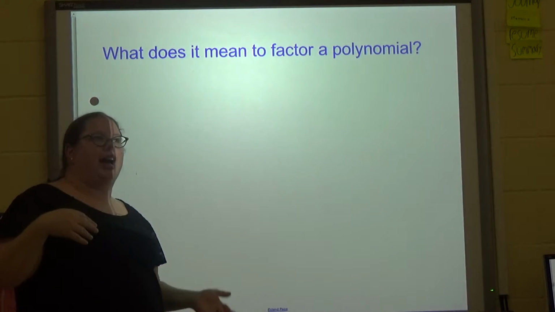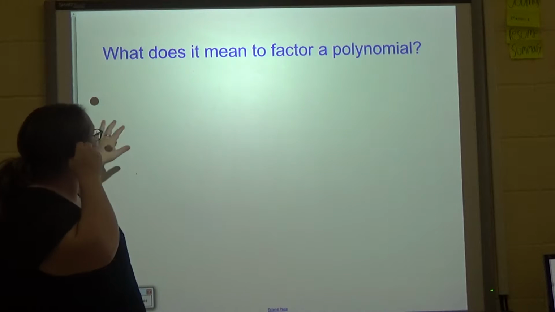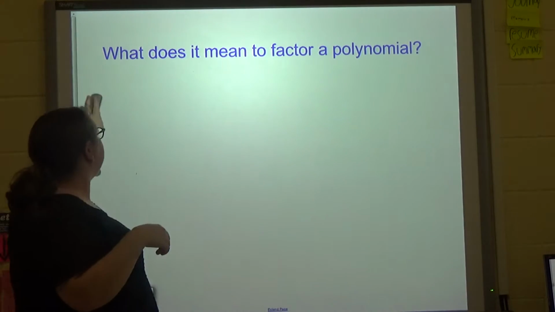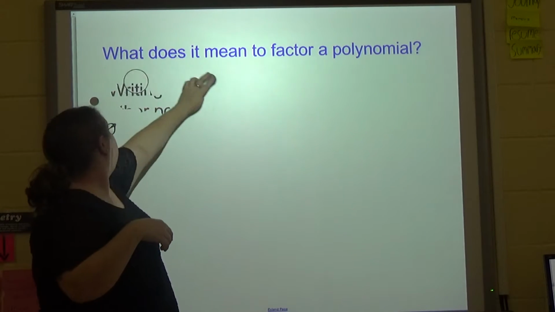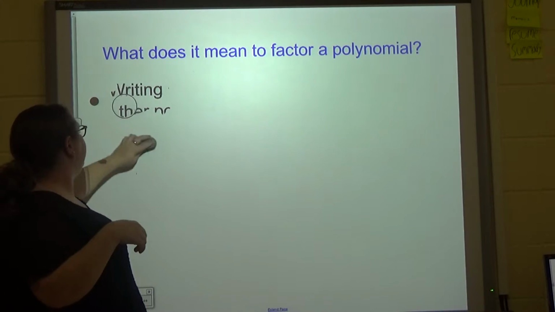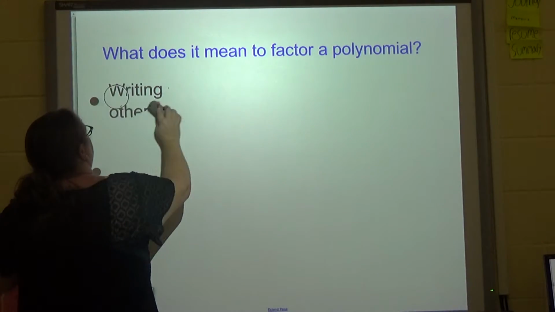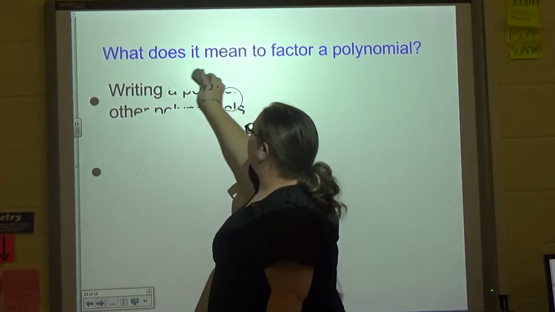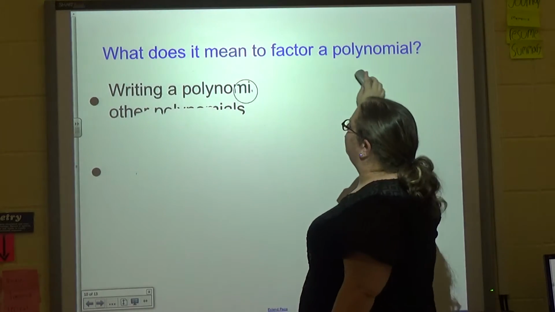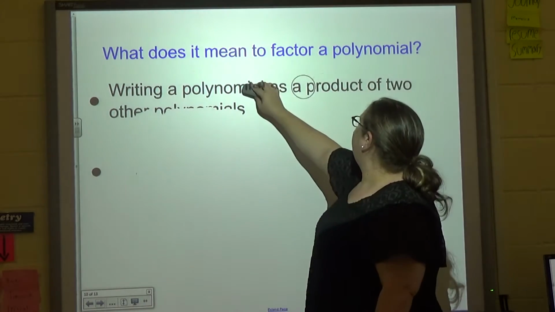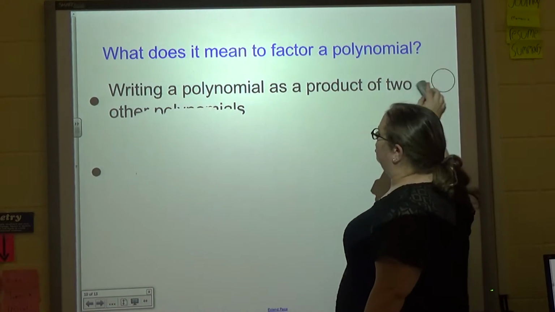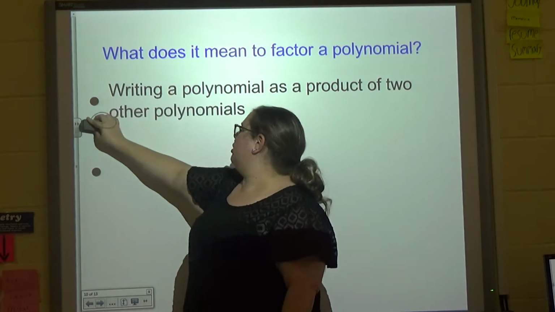A factor divides into a number. So here, there's a few ways to think about it. The big one, the real definition that I use with my students is writing a polynomial as a product of 2 or more other polynomials, or 2 polynomials.